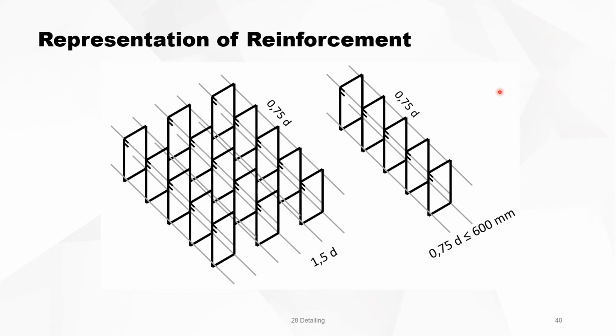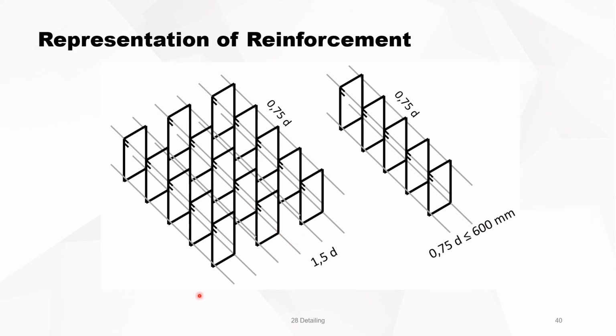As a general rule, I prefer that all bars should be at the maximum 300 millimeters from each other. So I take a distance not more than 300 millimeters. If I use that, then I'm sure I'm complying with all those rules.